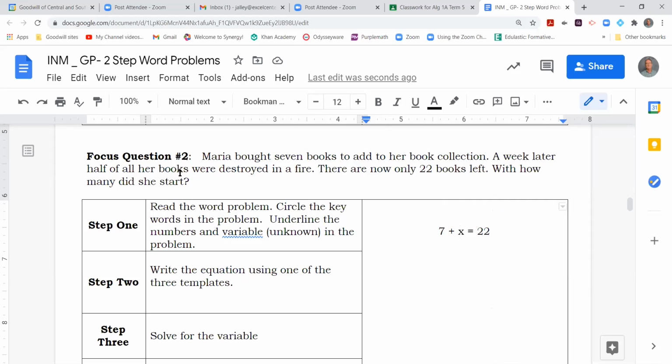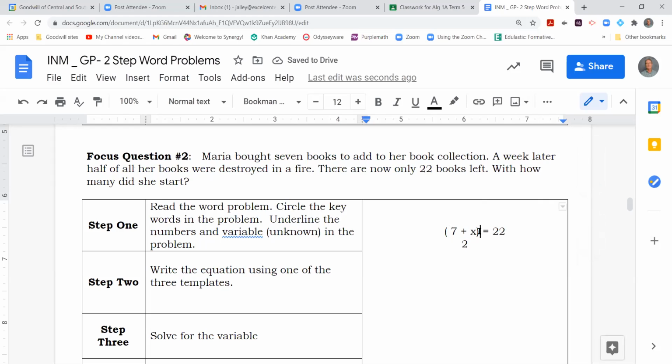A week later, half of all her books were destroyed in a fire. Okay, so not yet, not yet. And I can't seem to draw a line on this, but this 7 plus x is now a quantity. That's one of those compound fractions, complex fractions.